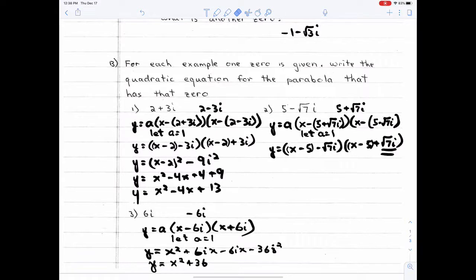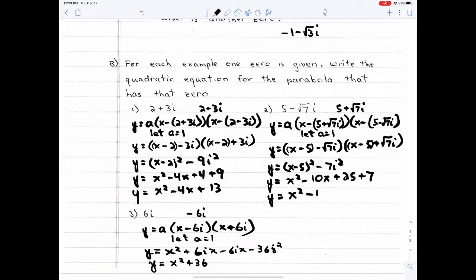If you haven't tried it on your own, try it. What you'll end up with is x minus 5 quantity squared. The middle term goes away, and then we get negative 7i squared, which is the same as plus 7. And now it's x squared minus 10x plus 25, and then plus 7, which is y equals x squared minus 10x plus 32.